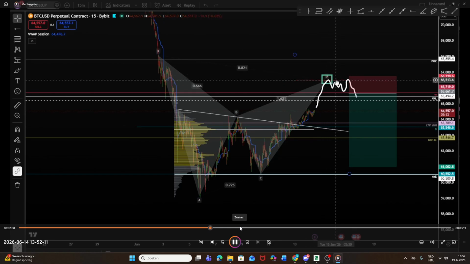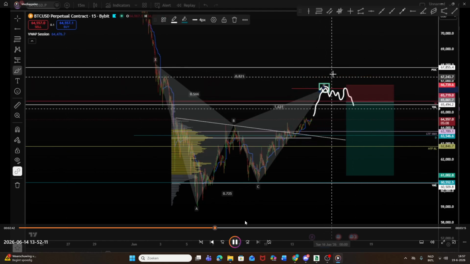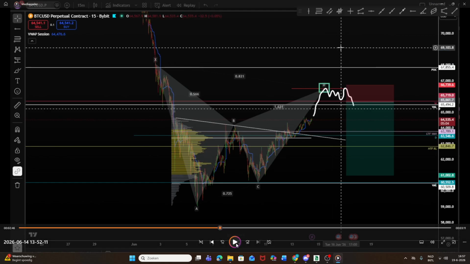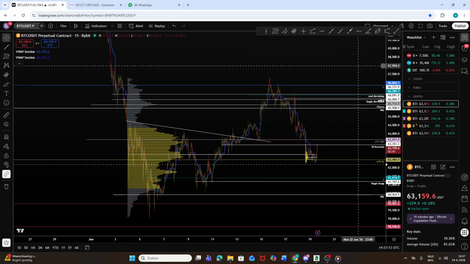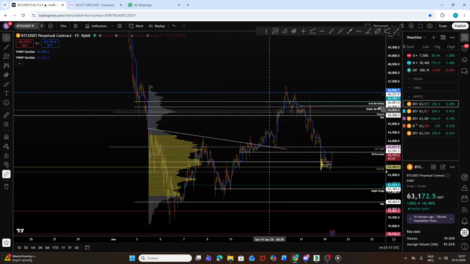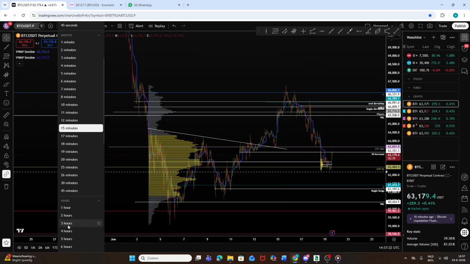I'm quite confident that it will go down, but it could be here, it could be here, or maybe even here. So yeah, I knew that it was a zone of resistance, and at the end of the day, it was actually not exactly the value area low, but it was the point of control of the range.